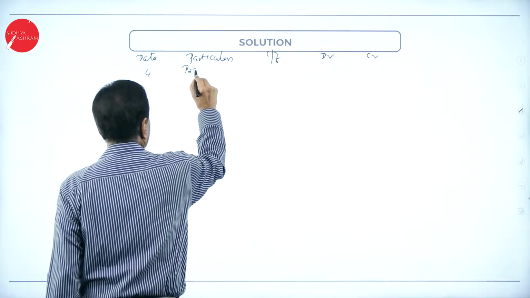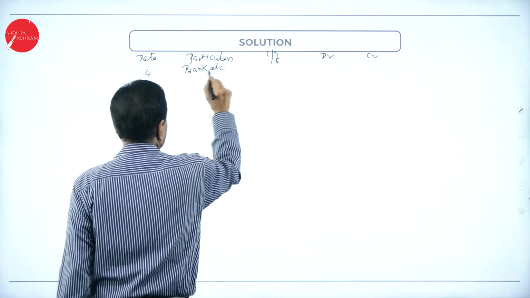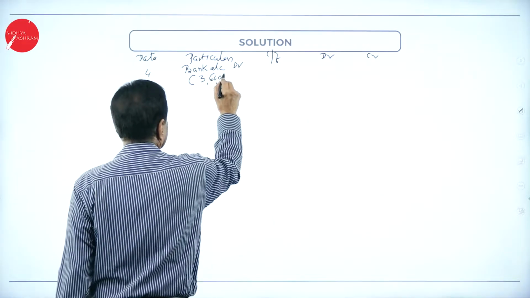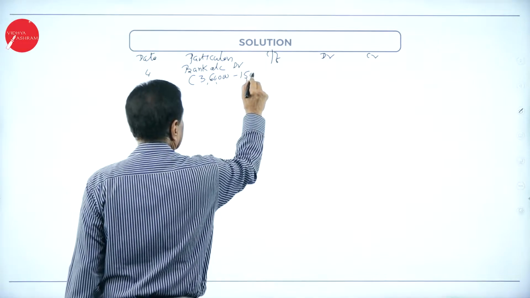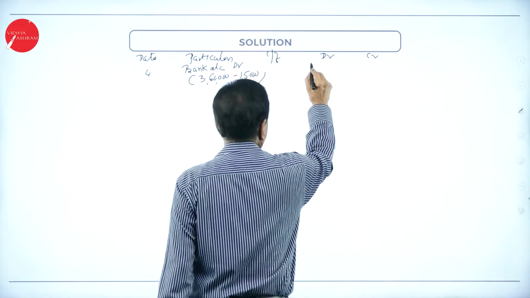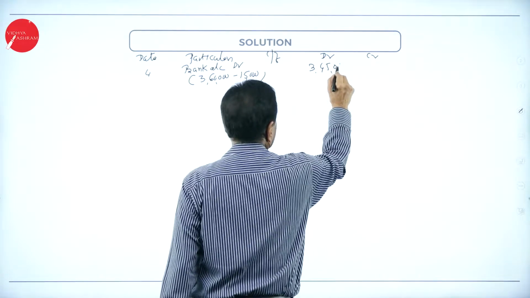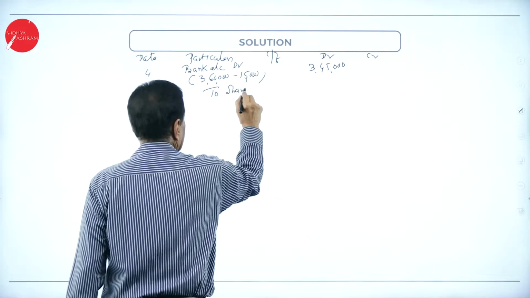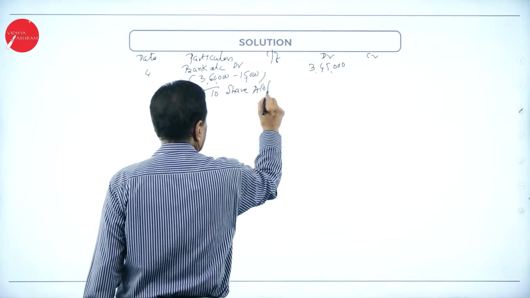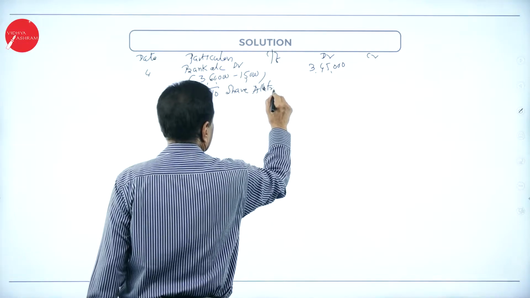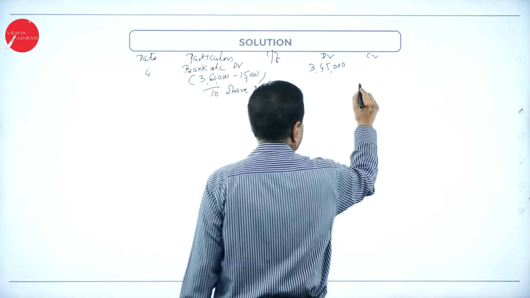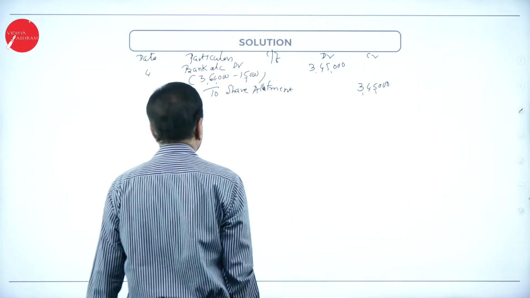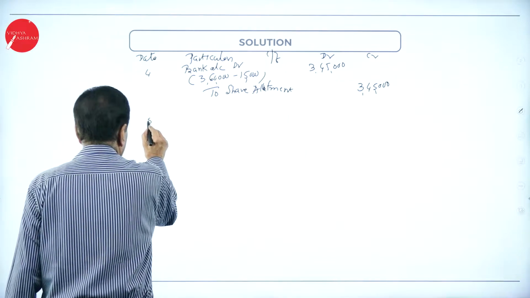Bank account debit 3,60,000 minus 15,000, 3,45,000, to share allotment, allotment money received. Then fifth entry, first call.